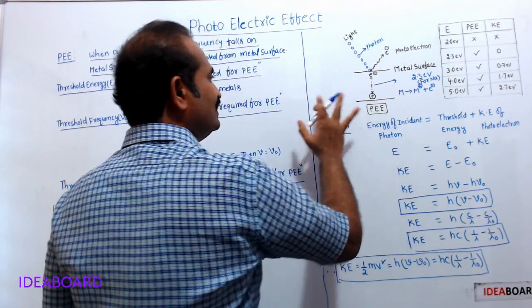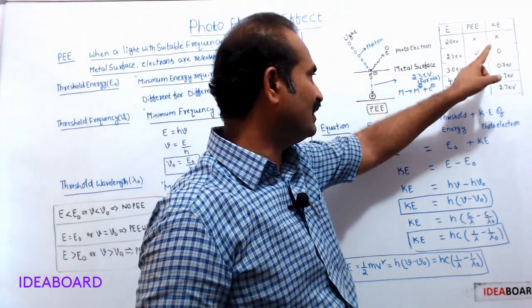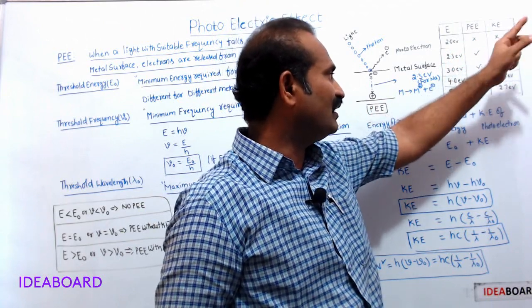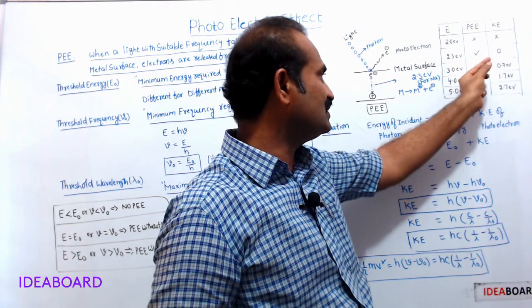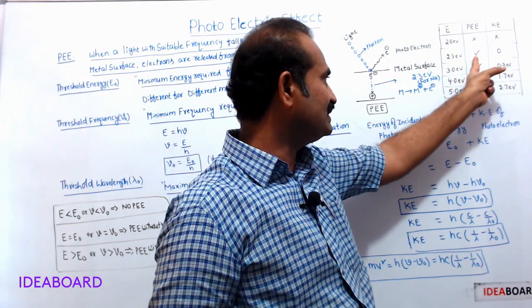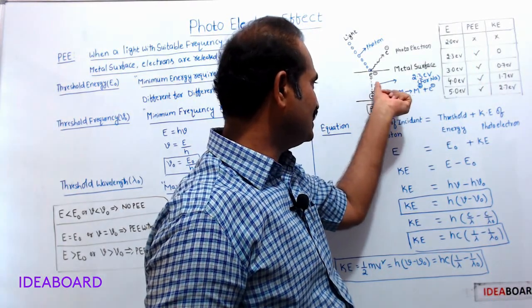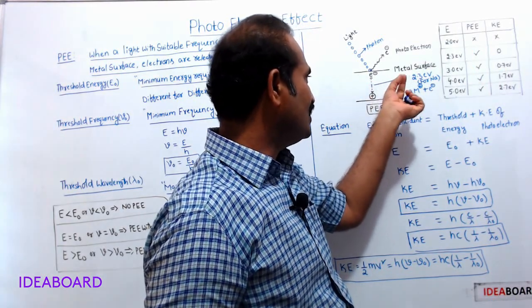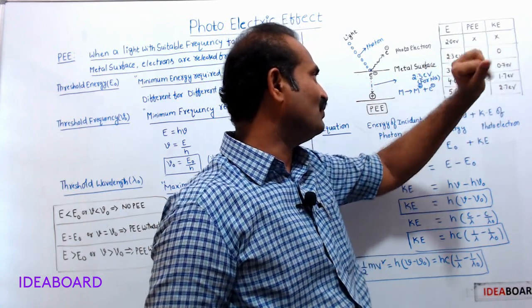Here, if you observe this table, with 2 electron volts there is no photoelectric effect, therefore no electron and no kinetic energy. With 2.3 electron volts the photoelectric effect takes place. That supply of 2.3 electron volts is just enough to break this bond attraction, but no more energy is left behind. Therefore kinetic energy is 0.